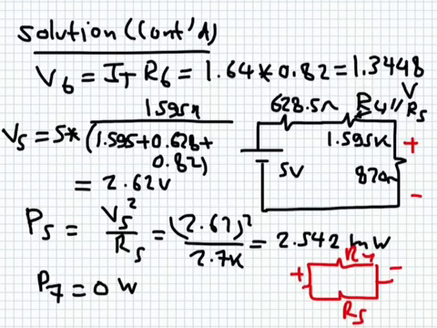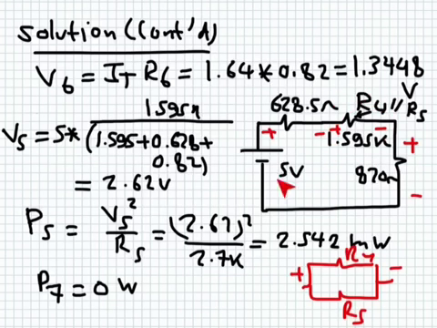This whole circuit is in series, so this is a voltage divider. The 5 volts, part of it will appear across this one here, with this drop here. And part of it will be this one, and part of it will be V6. So the voltage drop across R5 is simply the percentage of the voltage that this resistance takes.